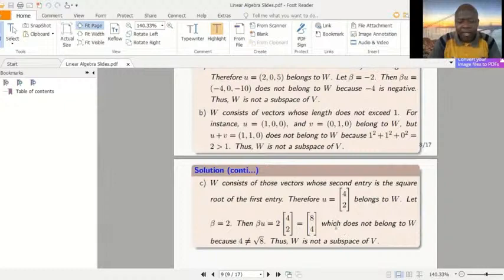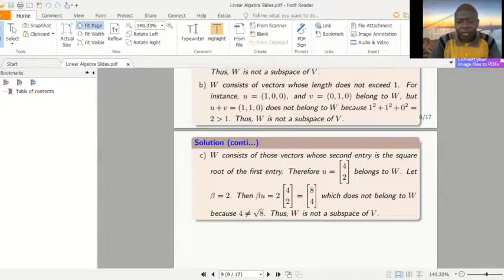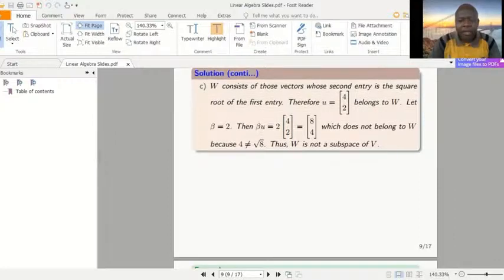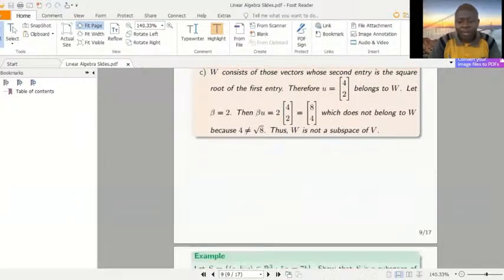Then I discovered that 4 was not the square root of 8, which means that this new vector does not belong to W. And therefore W is not a subspace. So it's very easy for us to show that subsets are not subspaces.